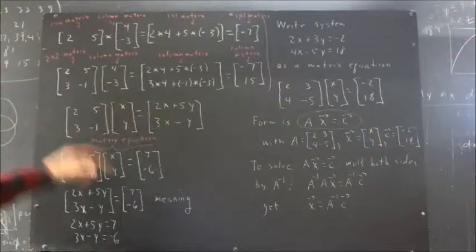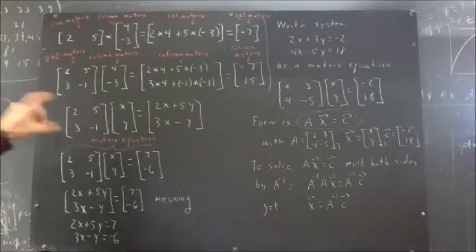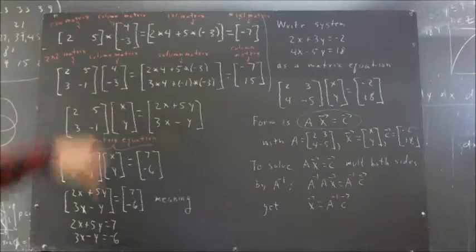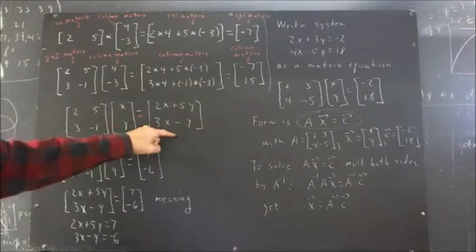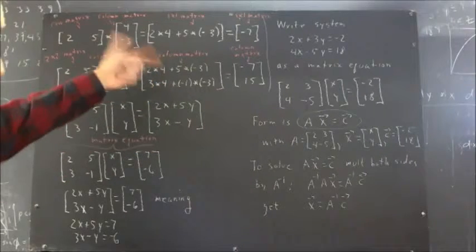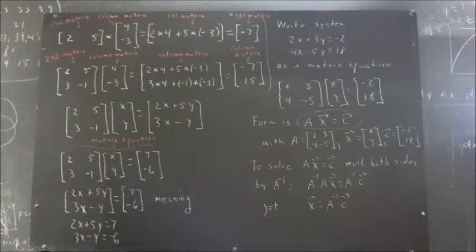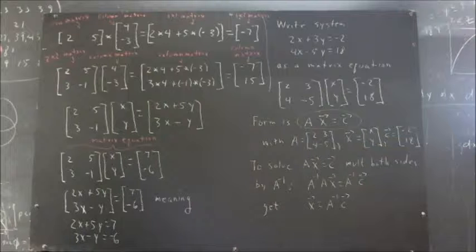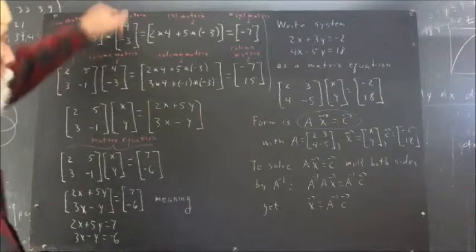Okay, so we see that we can multiply a 2 by 2 matrix by a column vector with 2 elements in it and get a column vector, a column matrix. We call this a row vector as well. We could call this a column vector. We can call it a vector if it's just got either 1 row or 1 column.